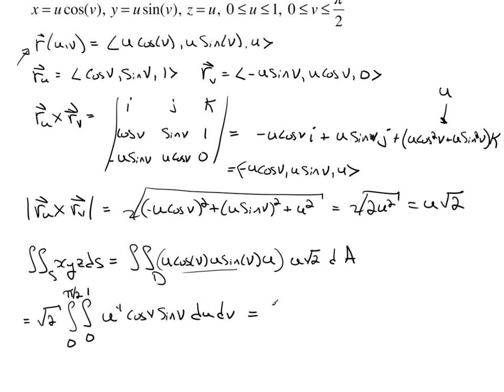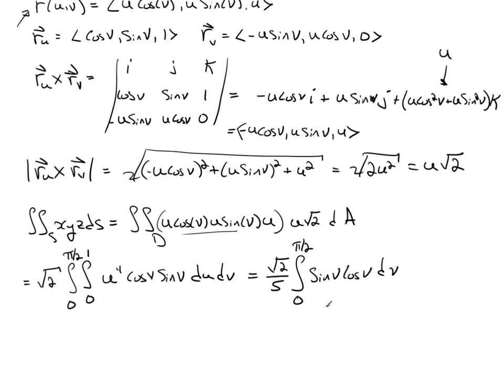So this is going to be root 2 over 5 times the integral from 0 to pi over 2 of sine v cosine v dv.